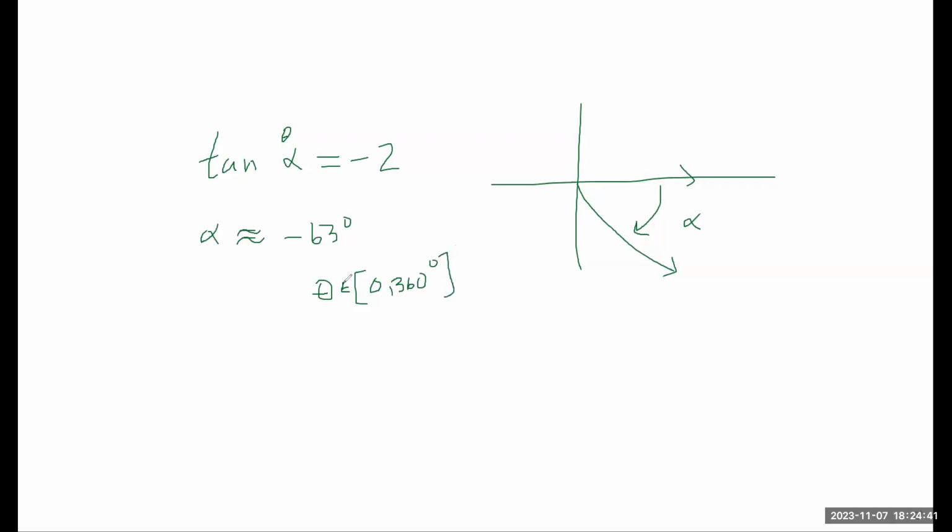This is usually an epsilon, notation wise. Epsilon between 0 and 360 degrees. Don't do 360 radians, or we'll be here all day long getting all those angles. Between 0 and 360 degrees, and our answer is negative in the calculator.